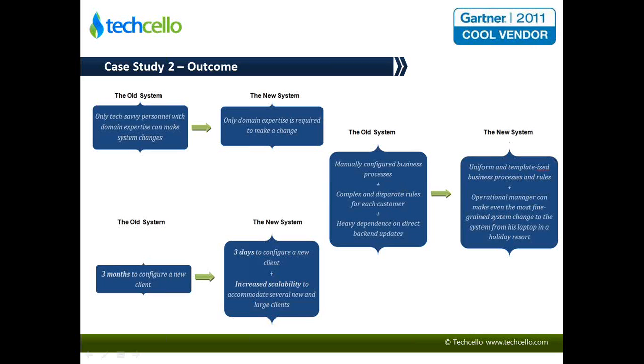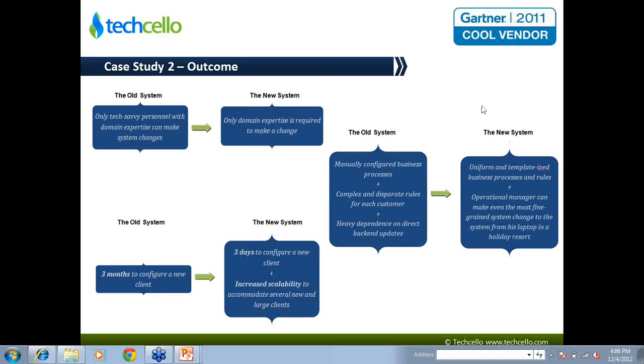In the old system, manual configuration of the business process was involved, and then very complex and disparate rules. Each customer, the way it was handled was different. And then there was a heavy dependence on direct backend updates. So a lot of changes were done on the backend itself, which led to manageability issues. With the new system in place, they're able to uniformly address these things.